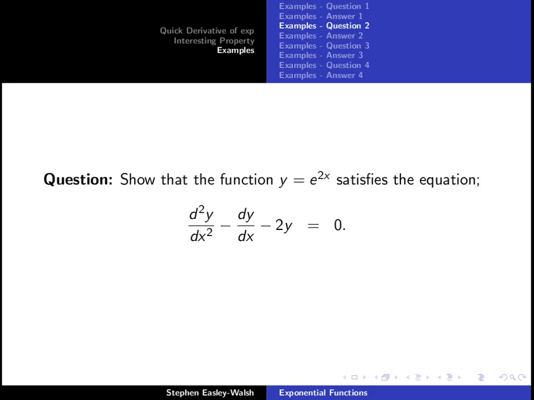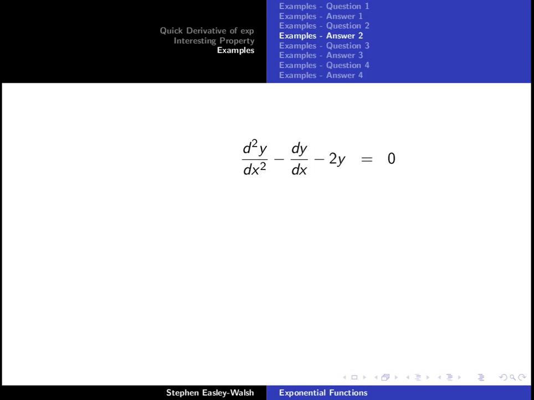Show that the function y equals e power 2x satisfies the equation second derivative of y minus first derivative of y minus twice y equals 0. Let's have a look at this one. Writing out the equation that needs to be satisfied and then substituting in what the y is.